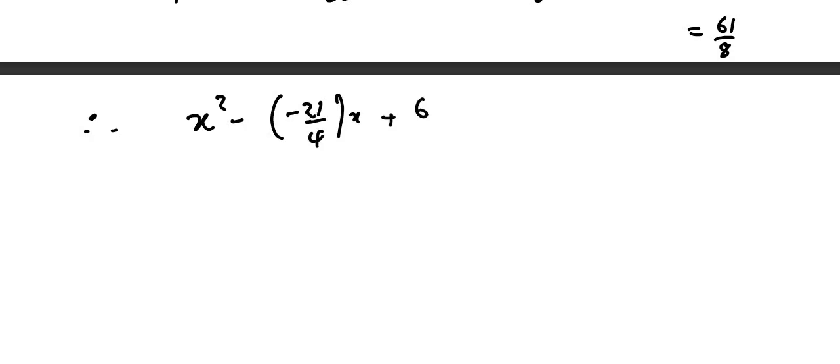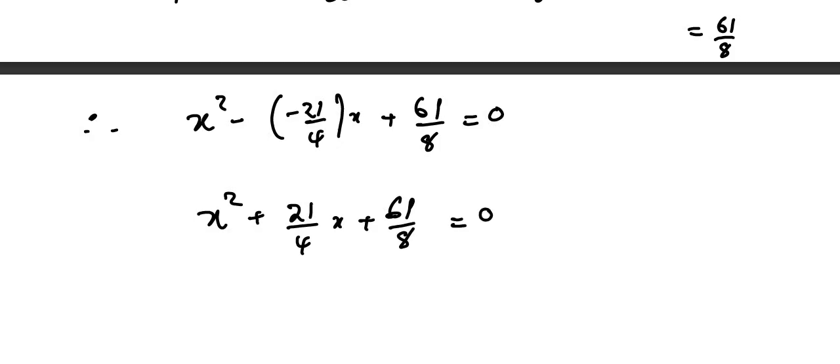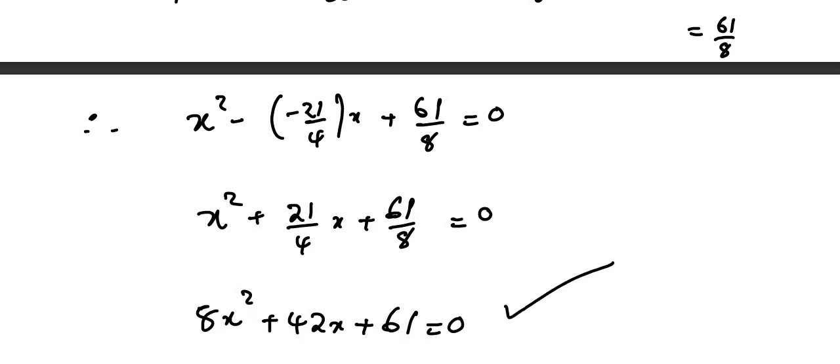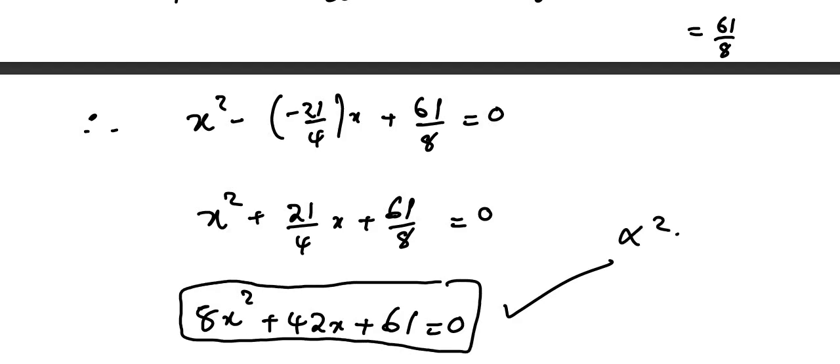Then the product is giving us 61/8: x squared plus 21/4 x, then plus 61/8. Then here we can simply multiply with an 8 throughout. So an 8 is simply going to give us 8x squared plus this is going to be a 42x plus 61 is equal to 0. So this right here is a quadratic whose roots are alpha squared plus beta and alpha plus beta squared.